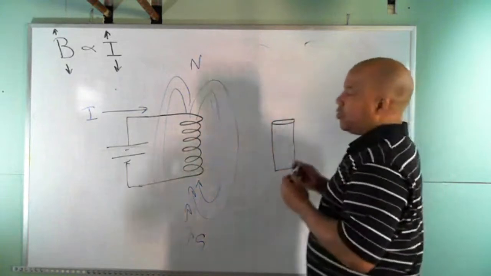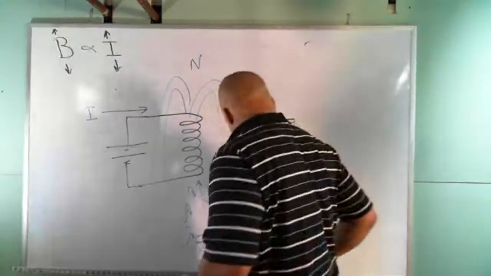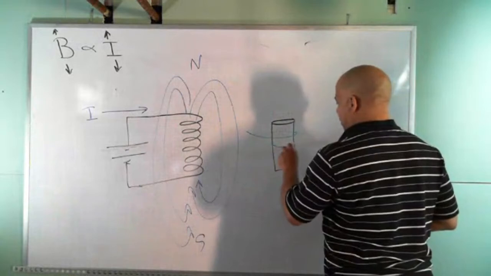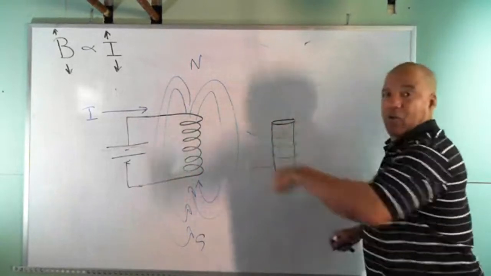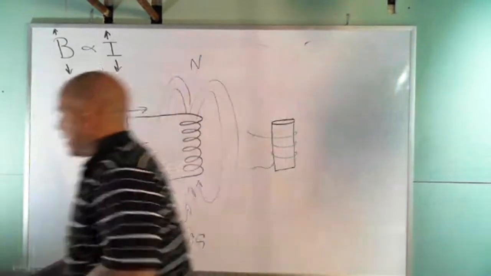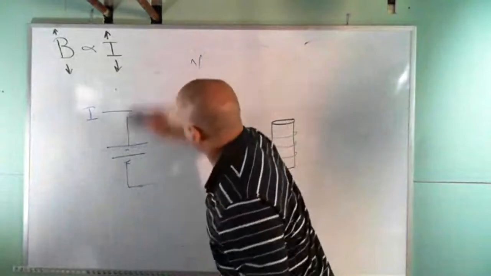And I'm going to wrap that tube with some copper wire. I'm just drawing a few coils, but you need a lot of wire coiled around there. And I'm going to add a switch and a power source to this.